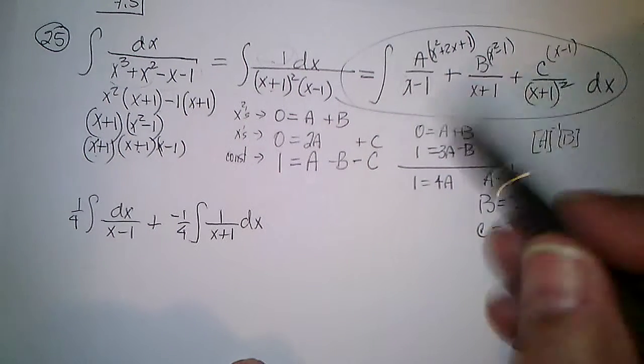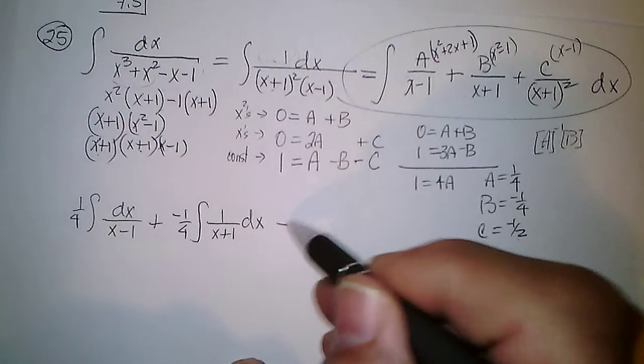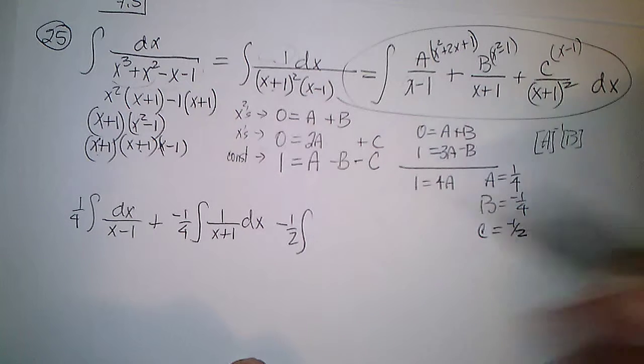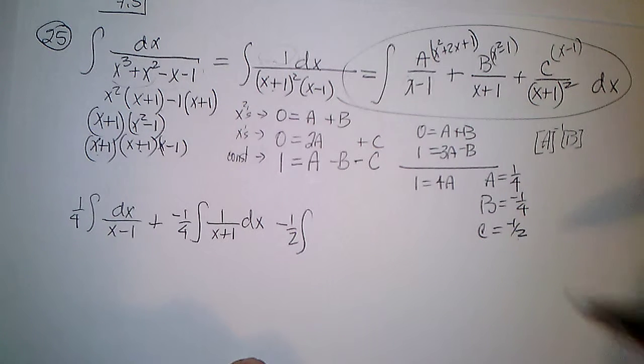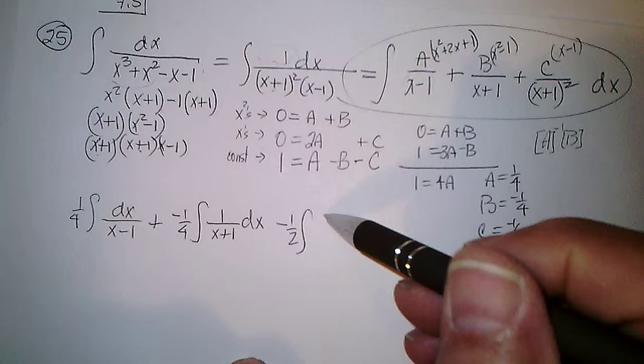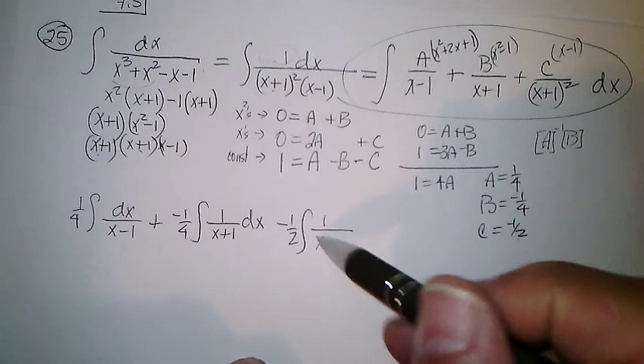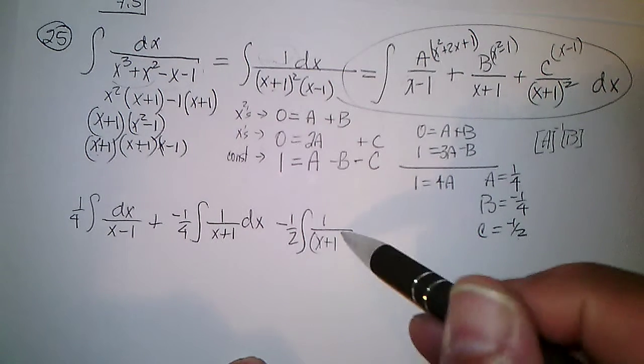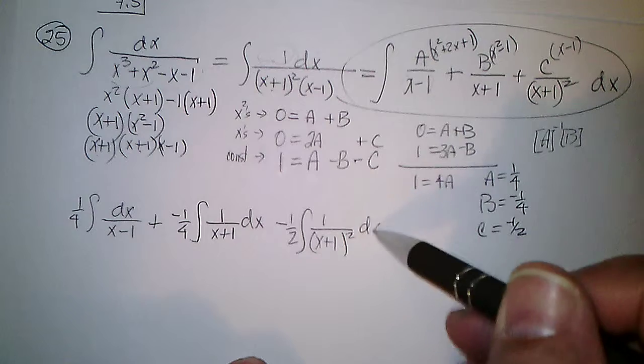And then the C could come out, that's minus 1/2 the integral of 1 over x plus 1 squared dx.